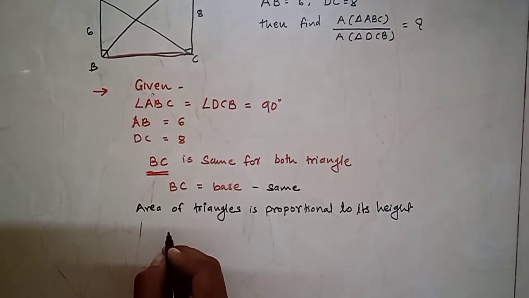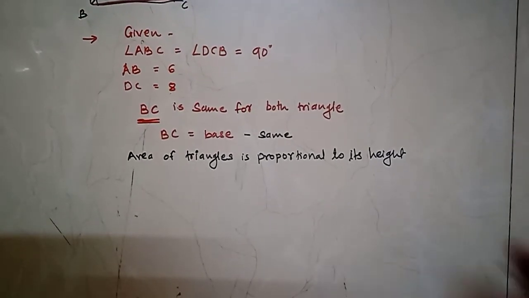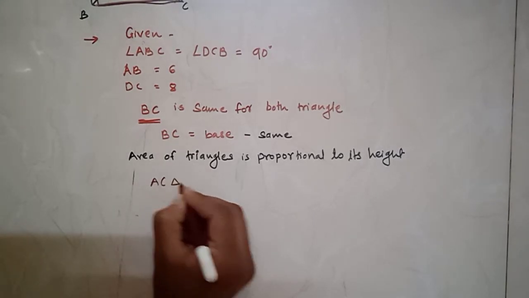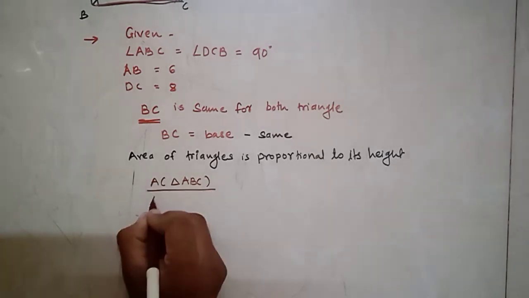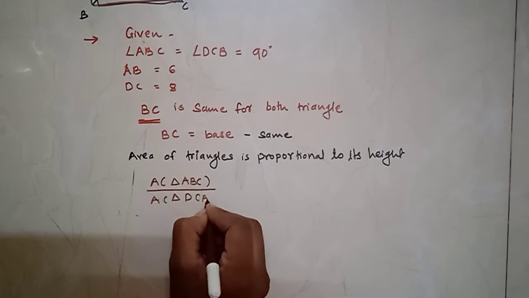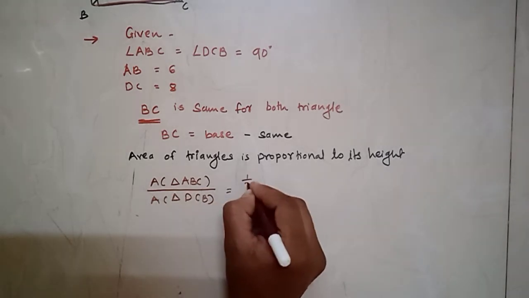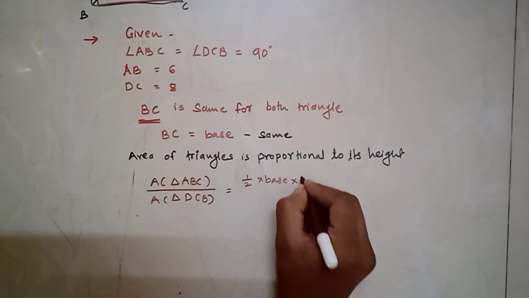Okay, then we know the formula, write here the formula for that. Then the formula is, we know, the area of triangle ABC upon the area of triangle DCB. Okay, we have to find. Then write down first the formula, 1 upon 2 into base into height, right?